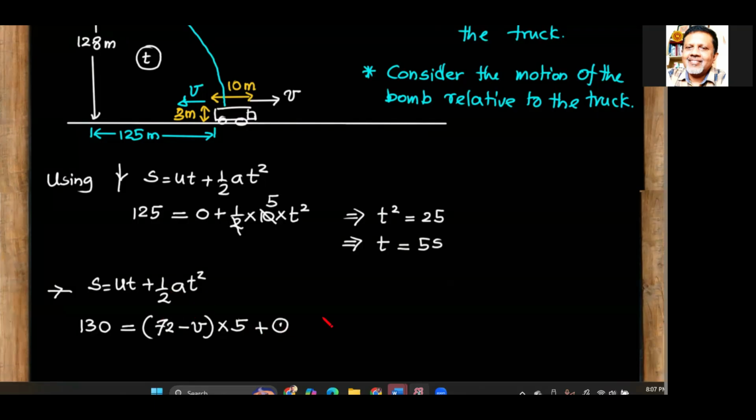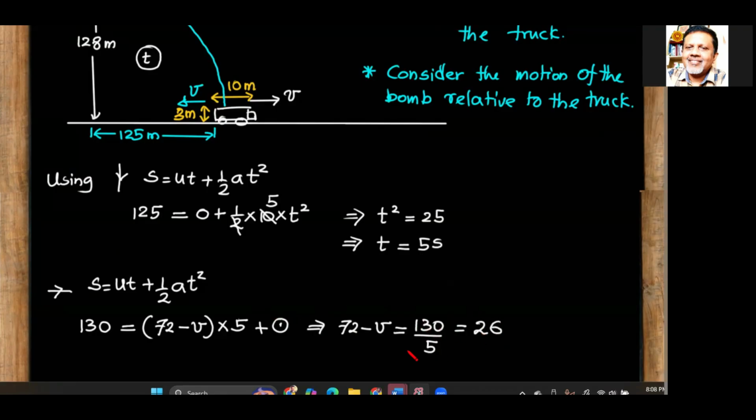So 130 should be divided by 5, right? Then we can see 72 minus v is equal to 130 divided by 5. So we know that 13 divided by 5 gives 2, and for the 30, if you divide by 5, we have 6.